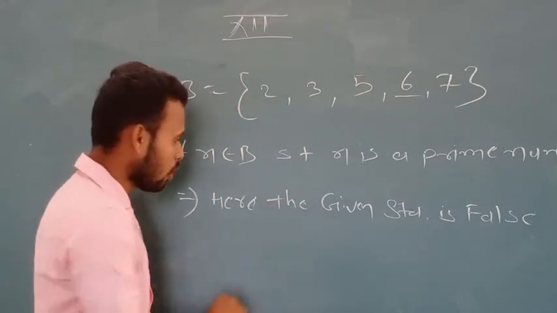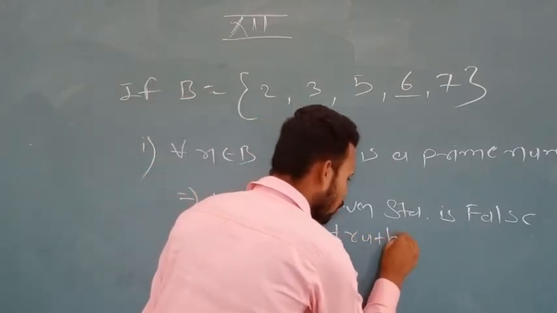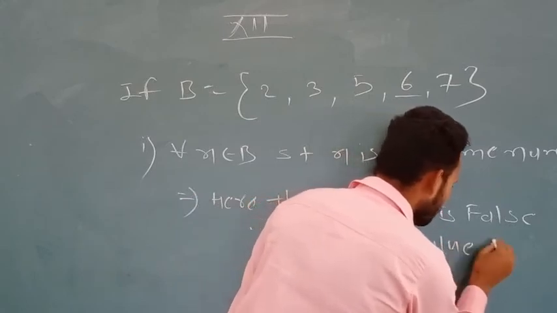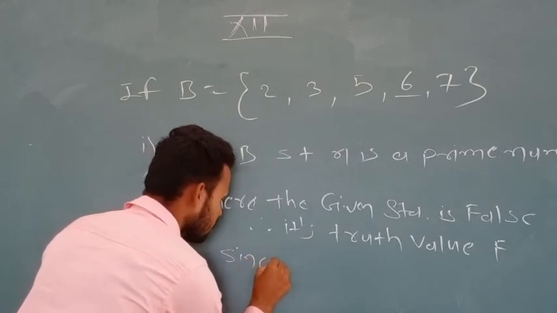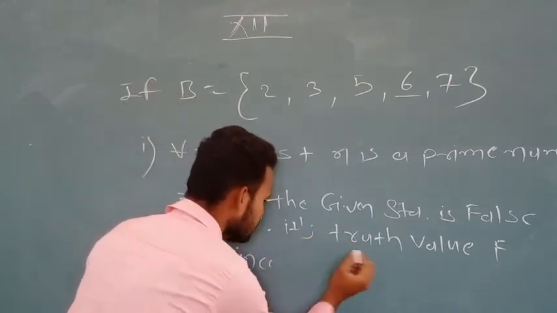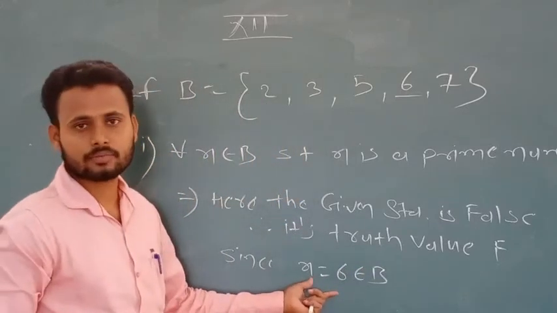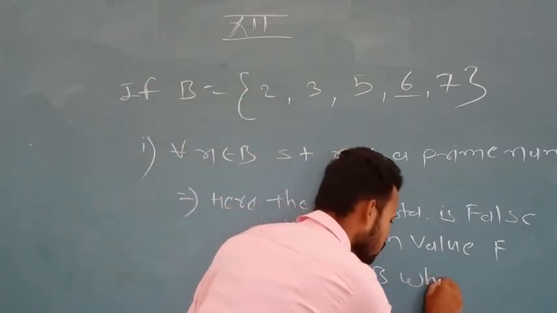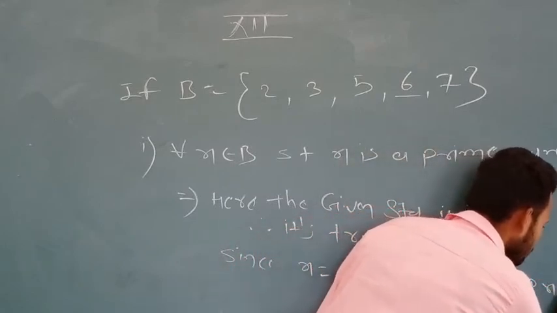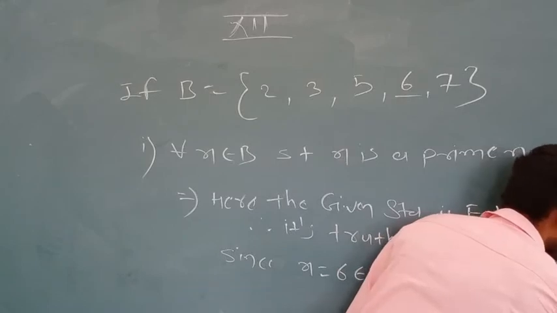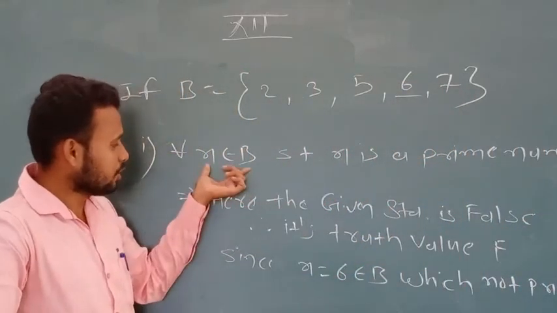Here the given statement is false, therefore its truth value is F. Reason: since x equal to 6 belongs to the set B, which is not a prime number, therefore this given statement is false.